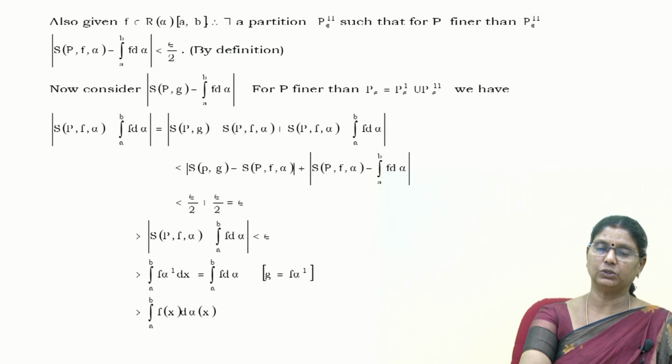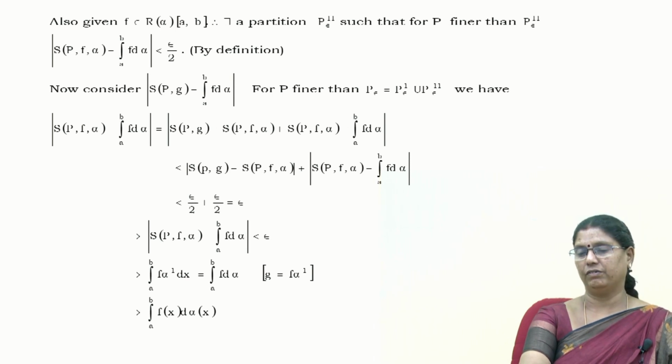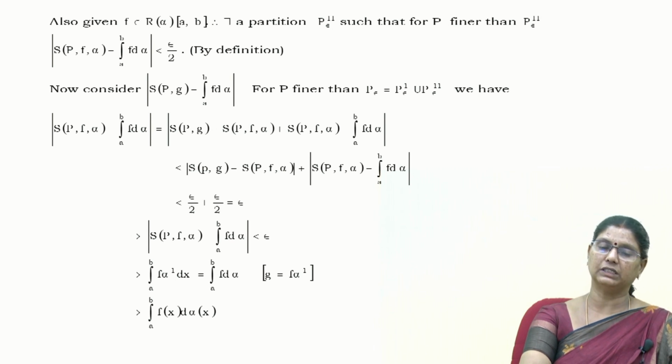Also, f belongs to R(alpha) on the closed interval [a, b], then there exists a partition P_epsilon'' such that for any P finer than P_epsilon'', we can write modulus of S_P(f, alpha) minus integral f d alpha is less than epsilon by 2. Now we consider the same for g also, that is S_P(g) minus integral f d alpha.